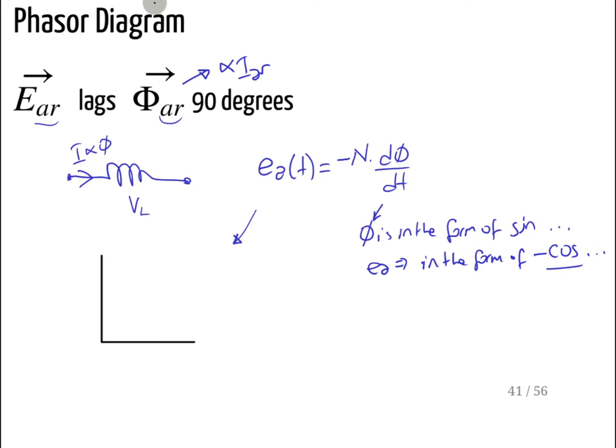Let's say that is my flux, which is proportional to current, and that statement says E_A is lagging behind by 90 degrees.